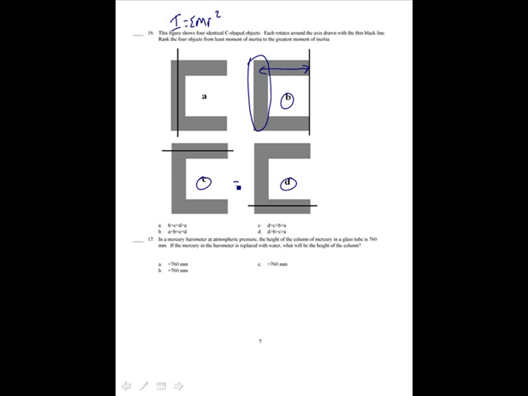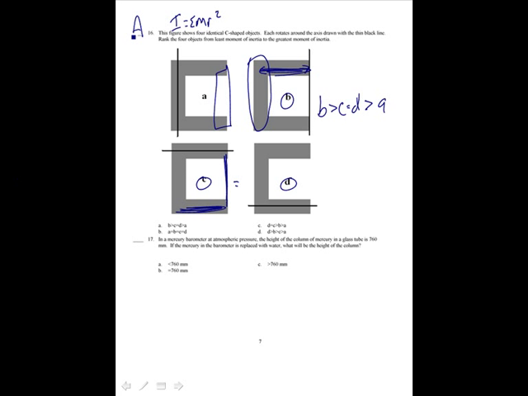You still have a lot of mass at a big radius, but you're missing this sidebar like you had in B. And then A doesn't have this piece out here at all, so it has the least moment of inertia. So the largest to smallest is B greater than C, which is equal to D, which is greater than A. And that looks like option A for number 16.